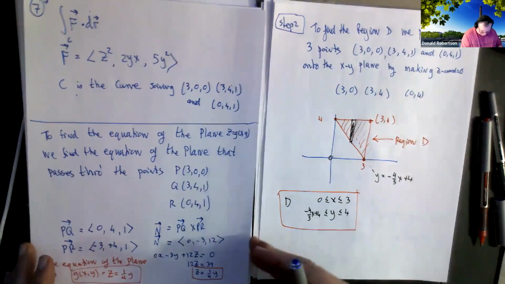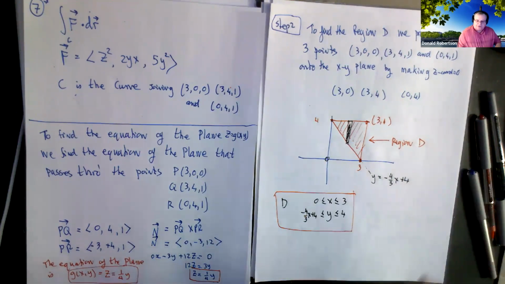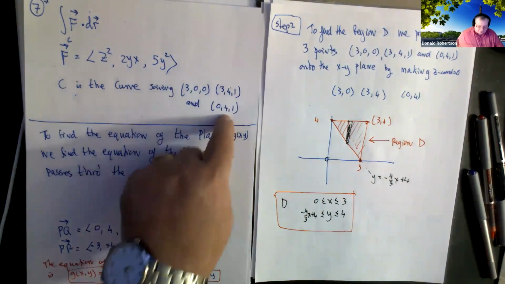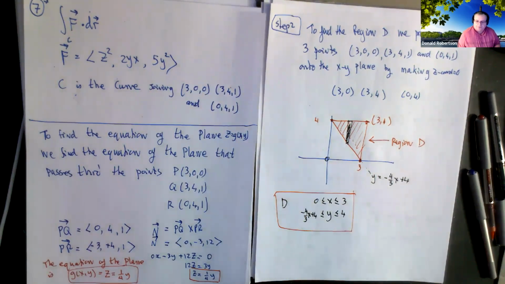Now, how about step two? Can you imagine this triangular plane floating about in a sloping kind of way? We want to know what it looks like when you take these 3 points and project them onto the floor.